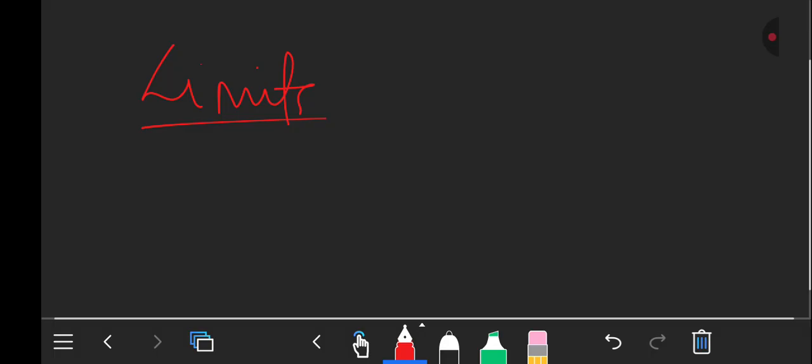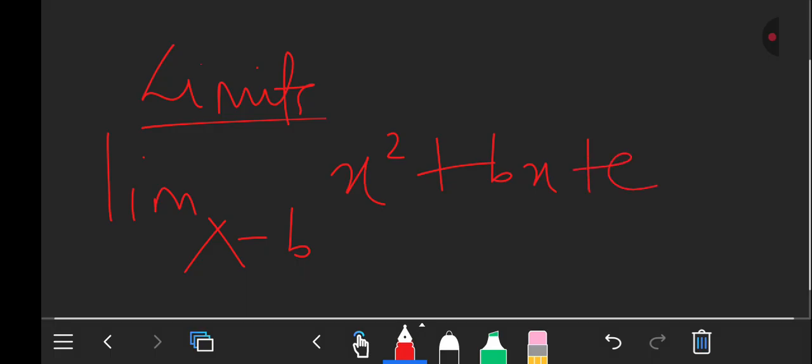A limit will always be given in a form, let's say limit maybe as x approaches b. Then you have maybe a situation of a quadratic like that.